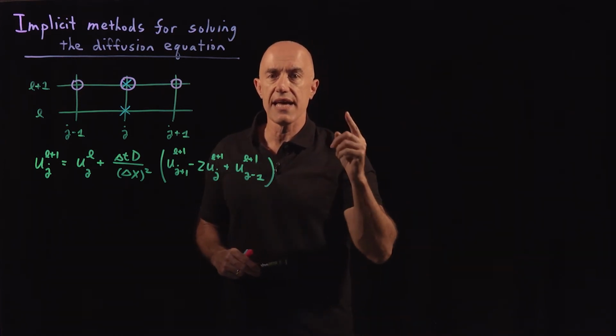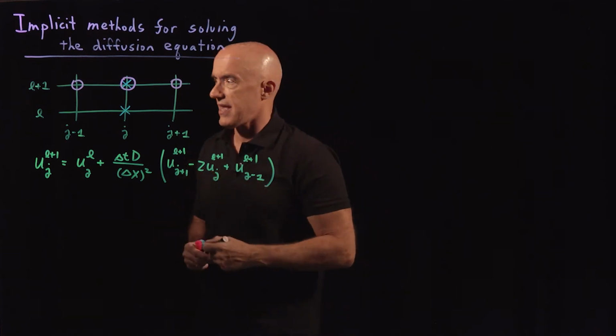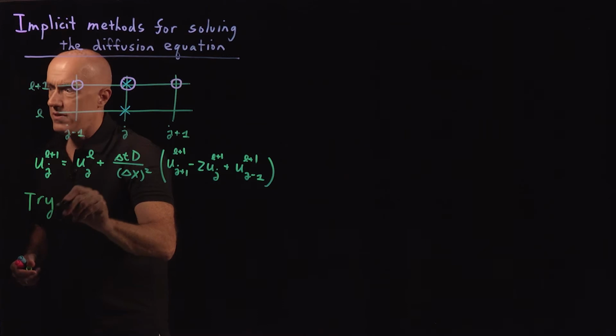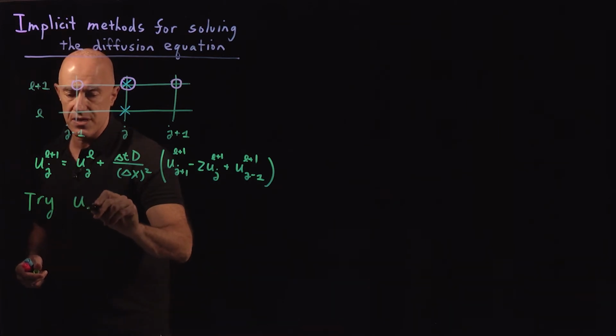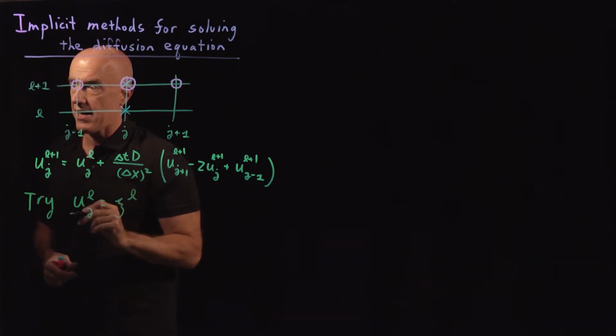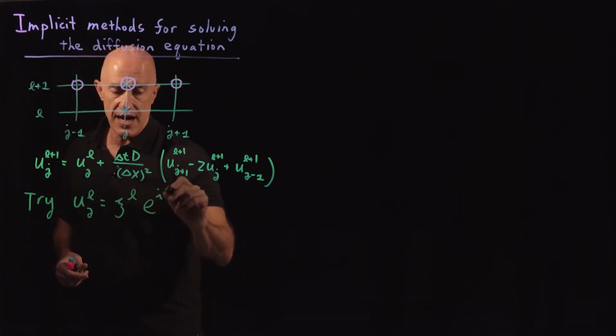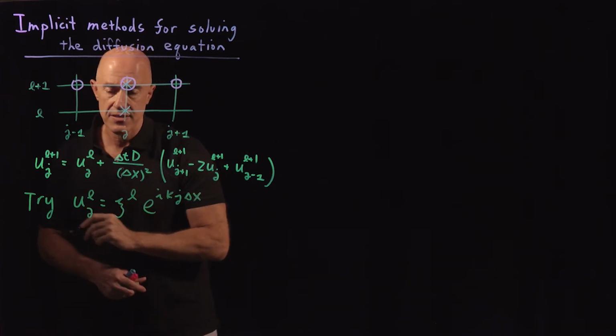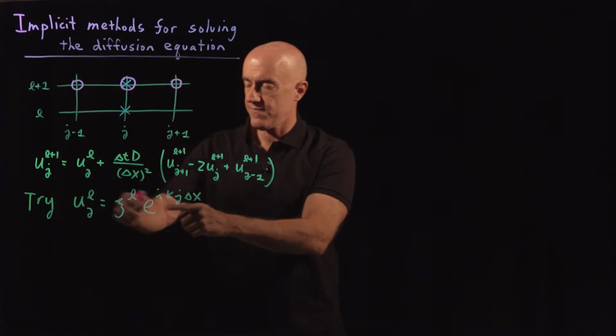So we're going to do, again, the von Neumann stability analysis. So we're going to try our mode. So we're going to try u sub j L equals psi to the L times e to the I k j delta x. That's our single Fourier mode.